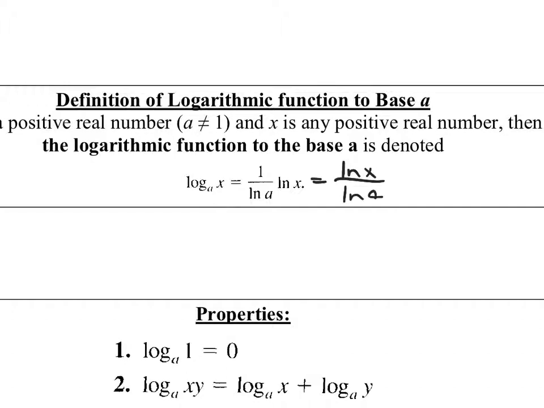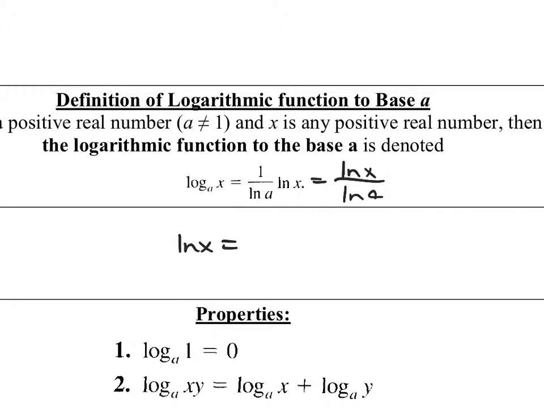Does it flip-flop? Like if you have the ln x and want to go to the log, does it do the same thing? Wait, if I have ln of x... Like let's say you go the opposite direction, so how do you do the change of base from ln to log? Oh, if you have ln of x, this applies no matter what A is. Okay, and I can change it to any base I want.